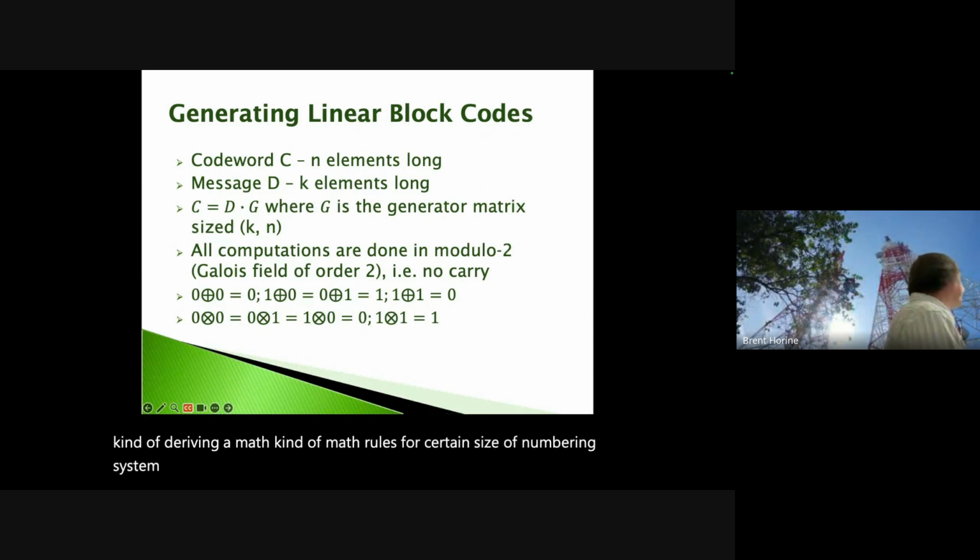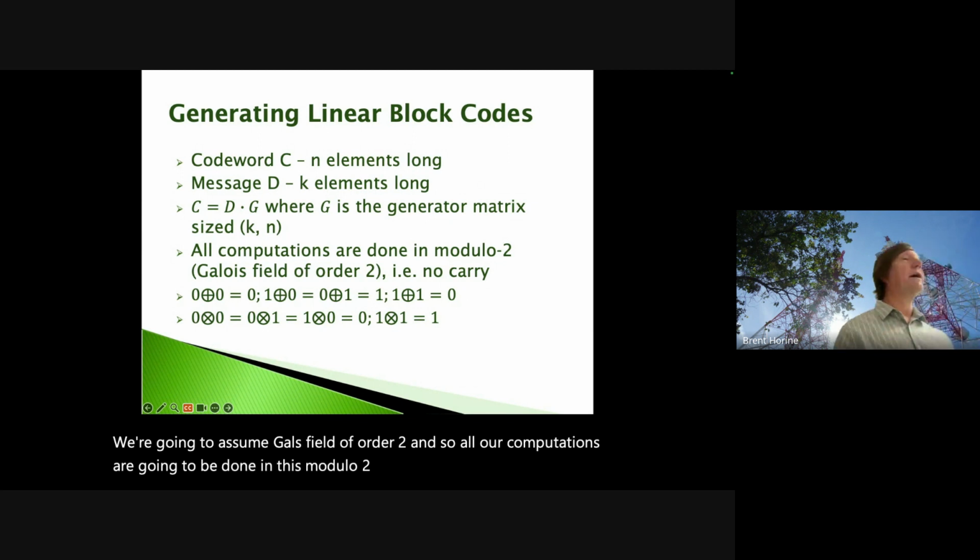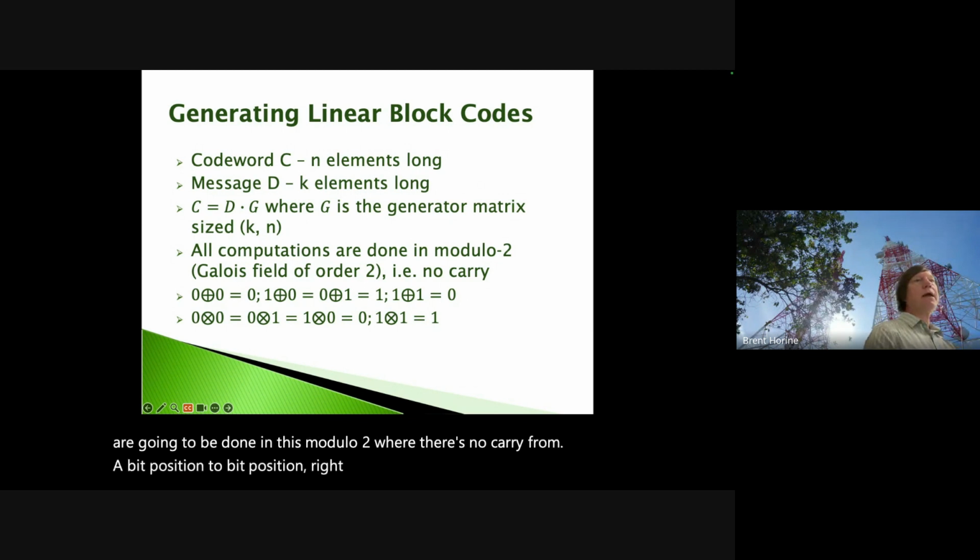But we're going to assume a Galois field of order 2. And so all our computations are going to be done modulo 2, where there's no carry from bit position to bit position. So we're not adding in a conventional sense.